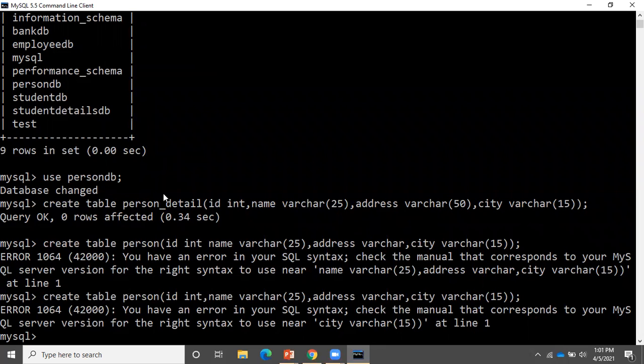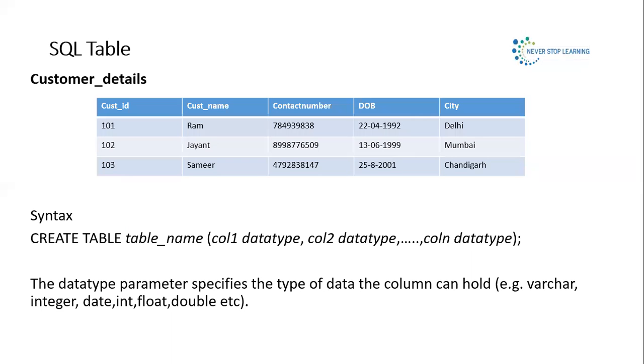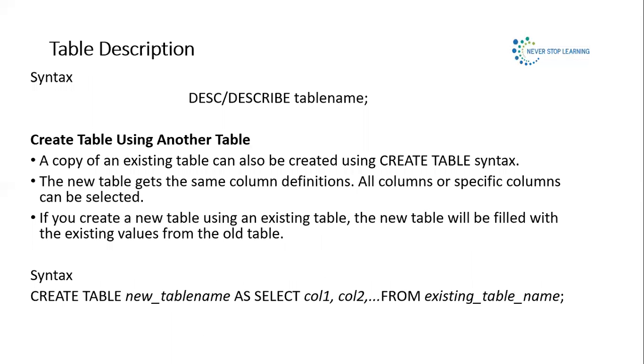Now understand the next point. When the table is created, as you have seen, the query is okay. So to see that your table is created, and with what data types and what attributes your table has, to see the description of the created table, you have to use this command.